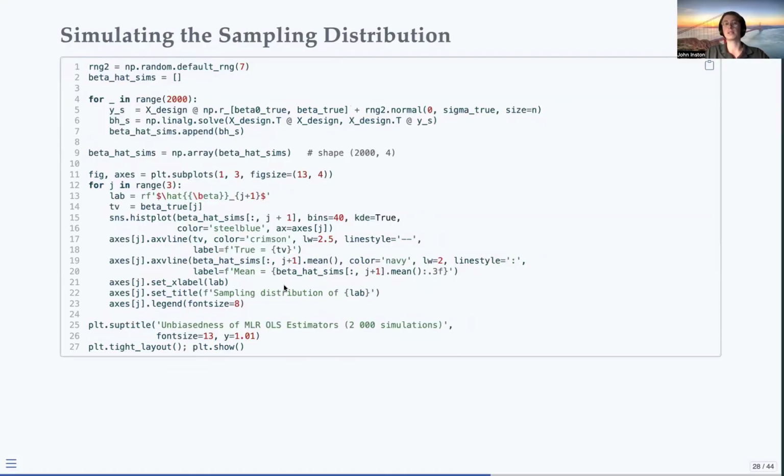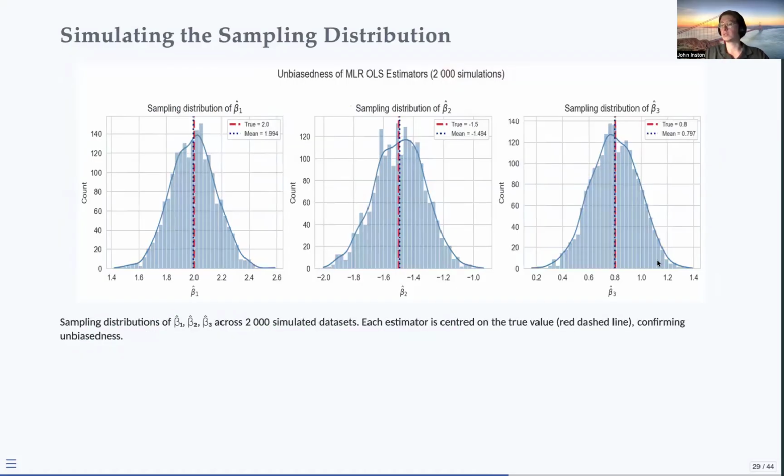Please go through this if you'd like to see, but this is essentially just computing the sampling distribution. So it's performing this regression multiple times with different samples and plotting the parameters. So doing the same thing we did for simple linear regression, but this time with the 3 different parameters. You can see that they're centered around the true value, as you'd expect. So the true means are 2.0, 1.99, minus 1.49.